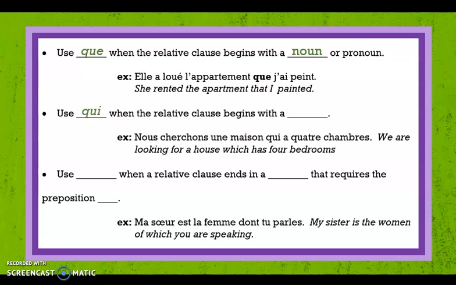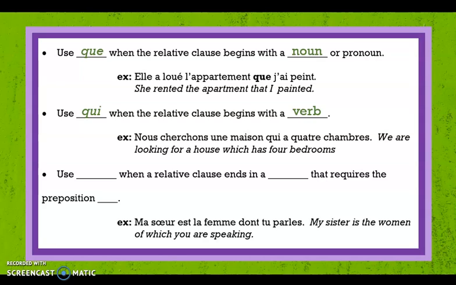All right? You use qui when the relative clause begins with a verb. Here's an example. Nous cherchons une maison qui a 4 chambres. We are looking for a house which has 4 bedrooms. Okay, our main clause, nous cherchons une maison, introduces the noun une maison. All right, and then our relative clause, a 4 chambres, has 4 bedrooms, tells us more information about that house.